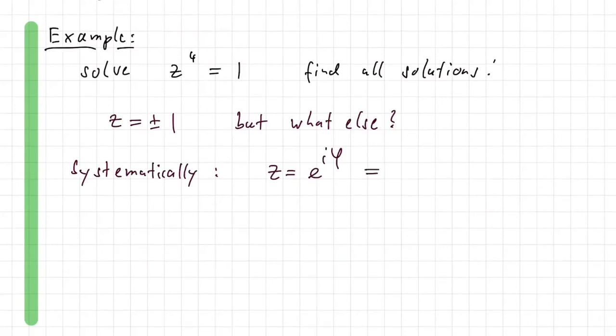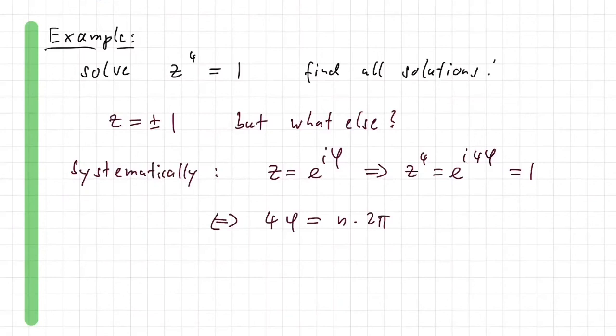With that, I also know that z to the power of 4 equals e to the I 4 phi, which equals 1. And from what we saw before, if e to the I something equals 1, it means that the argument, here 4 phi, must be a multiple of 2 pi.